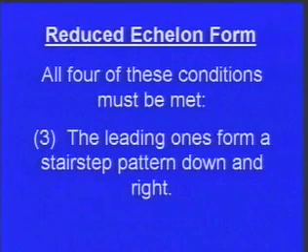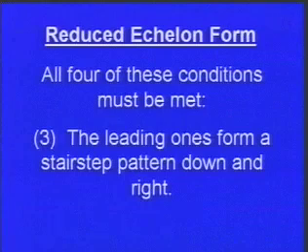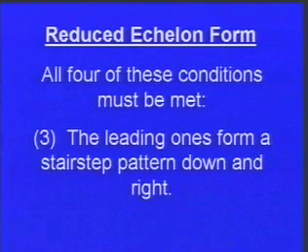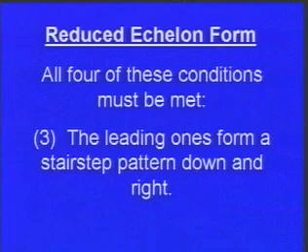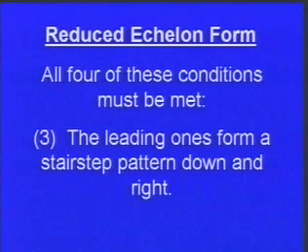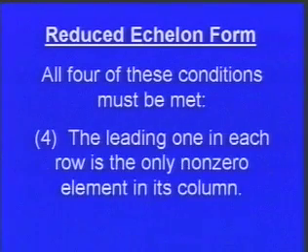The third condition is that the leading ones have to form a stair-step pattern down and right. Not down and left, not up and right, but down and right. It won't matter if some of the steps are different sizes, as long as in general it goes down and right. And the fourth condition: the leading one in each row has to be the only non-zero element in its column.